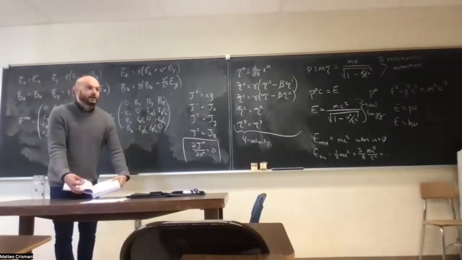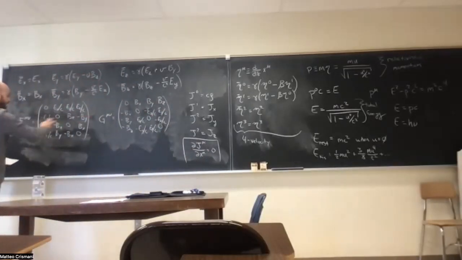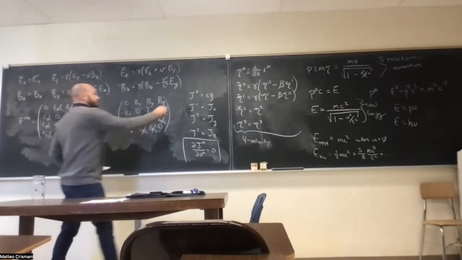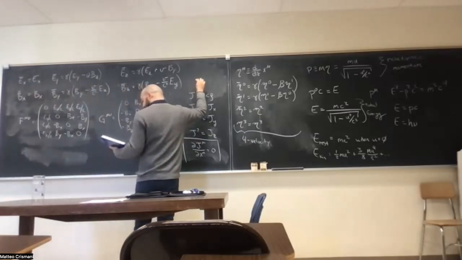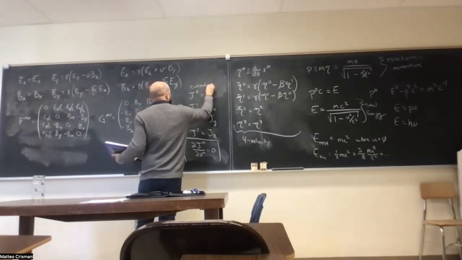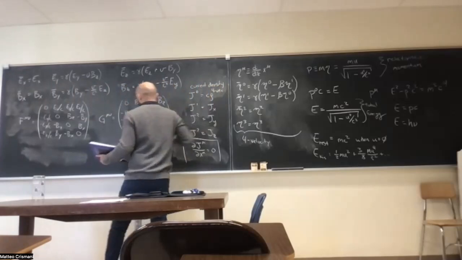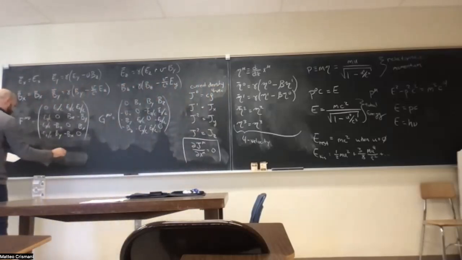Okay, so how do I write the thing that you really care about? Well, now that I wrote our anti-symmetric second rank tensors, we can use them with our new 4 vector. So this is the new 4 vector, the current density 4 vector. That's the name of it. And so you can write Maxwell's equations.